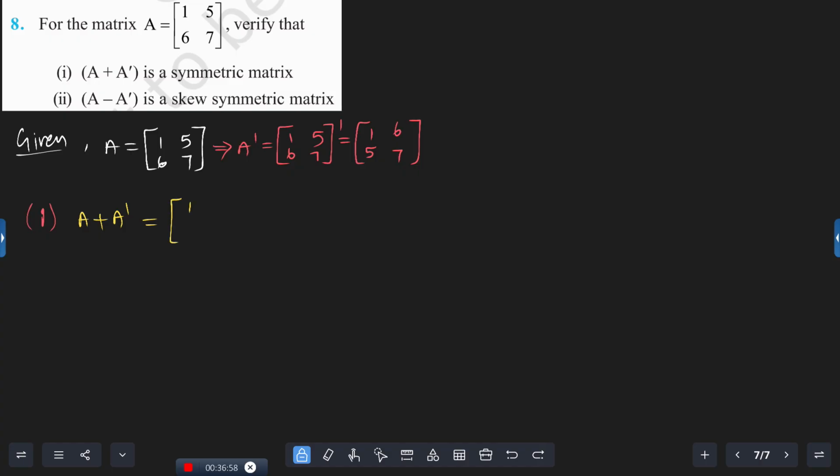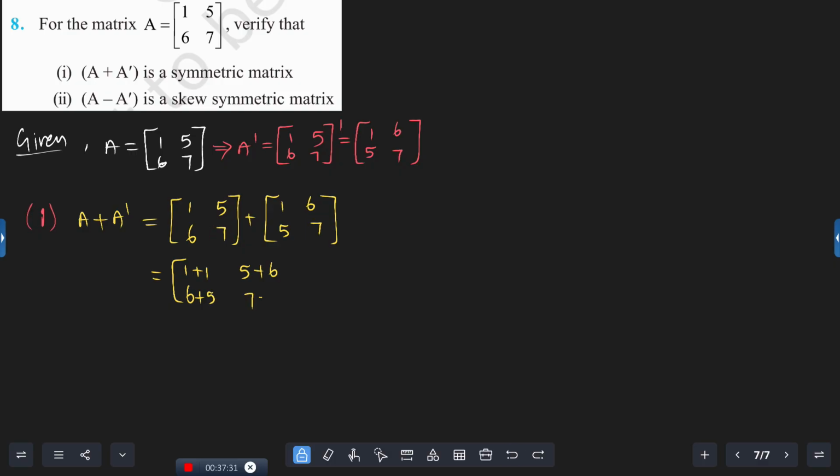First, the A matrix we have is 1, 5, 6, 7, plus the A dash, which is 1, 6, 5, 7. When you add both, just see children. 1 plus 1, first element to first element. When we add, we add the corresponding elements: 5 plus 6, 6 plus 5, and 7 plus 7.